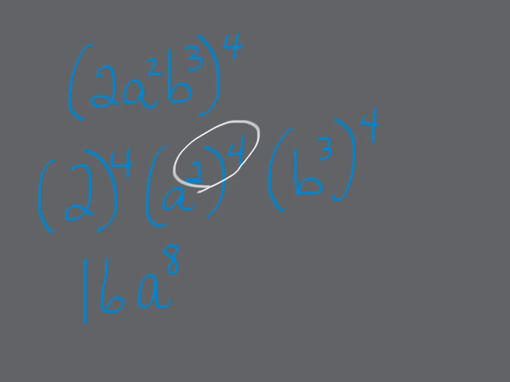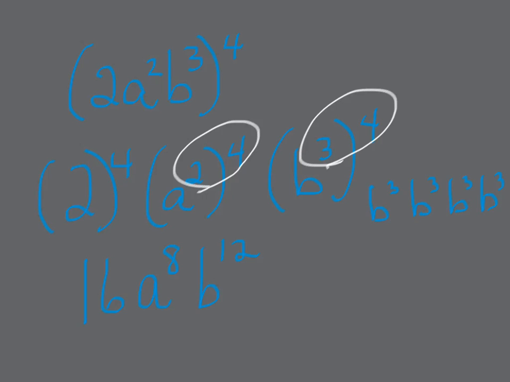And in the b case, we take b to the 3rd raised to the 4th power. We multiply those two and we get b to the 12th. What you need to remember, and this might help, let's take the case of the b. It's b to the 3rd times b to the 3rd times b to the 3rd times b to the 3rd.